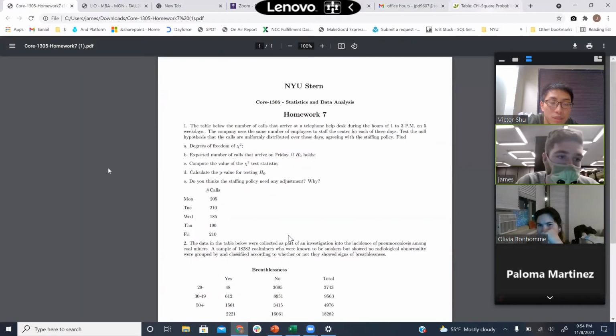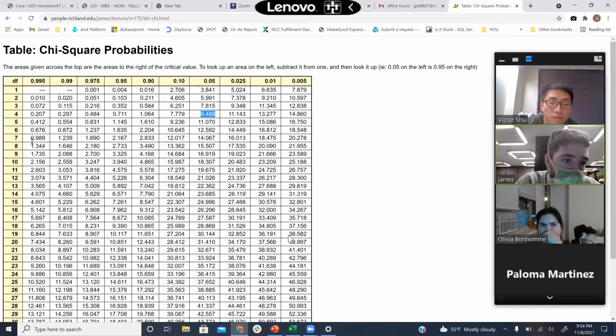There are 3 parameters, and as long as you have 2, you can get the third one from the table. Your calculated value is 2 point something, so you locate that, but the degrees of freedom should be 4.